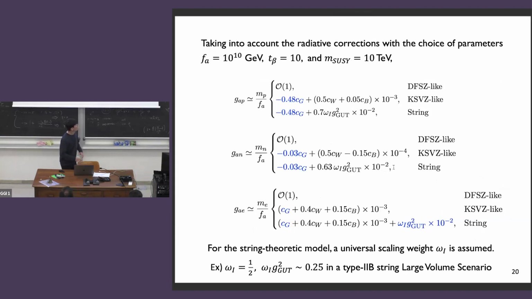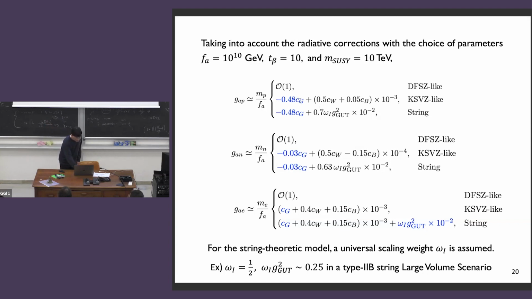Again, to give you an idea, we take this example parameter point. Then for the DFSZ-like model, assuming that we have tree-level order 1 couplings to the standard model fermions, they are all supposed to be order 1. But Maurizio will discuss that this tree-level coupling is suppressed by some large tan beta ratio later, and then this one-loop correction can be important.